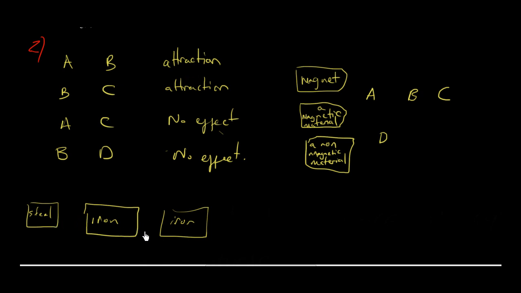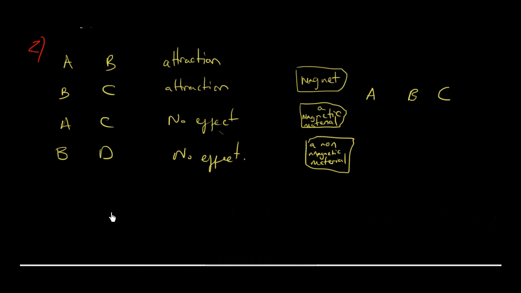But if I now make this steel into a permanent magnet, imagine that's a north pole and that's a south pole, then that's going to induce the opposite effect here. So that would become a south and that would become a north, and then suddenly we would have an attraction. So a magnetic material with another magnetic material, you don't necessarily have an attraction, but a magnetic material next to a magnet will definitely have an attraction.